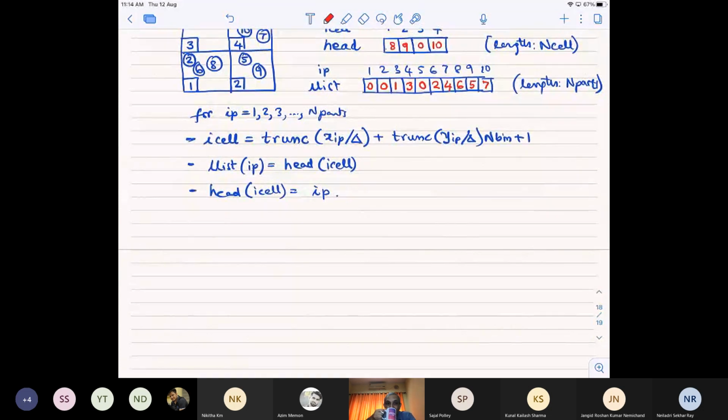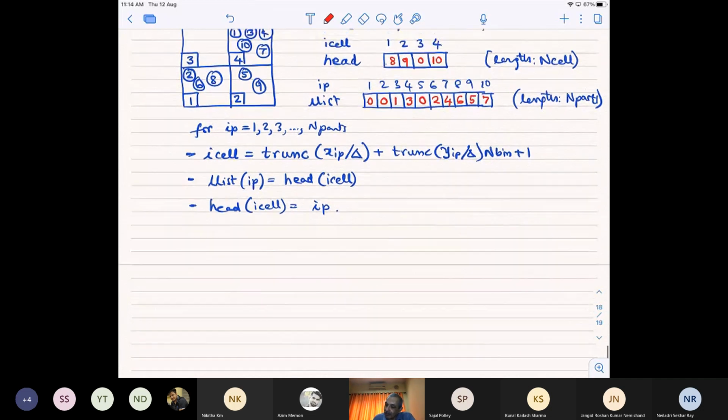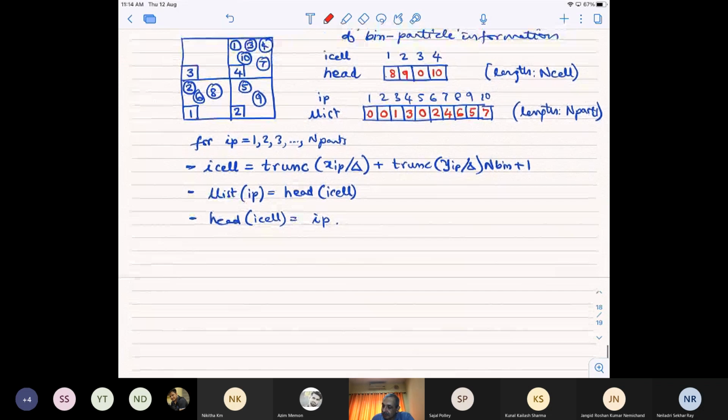Now, what use is this? So how would you go backwards?